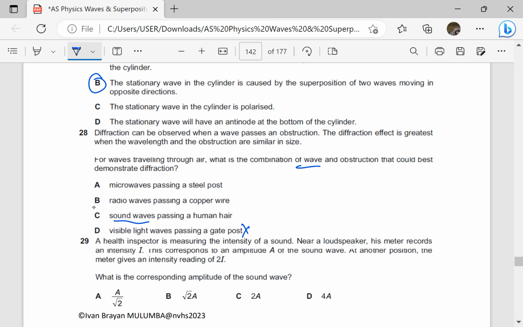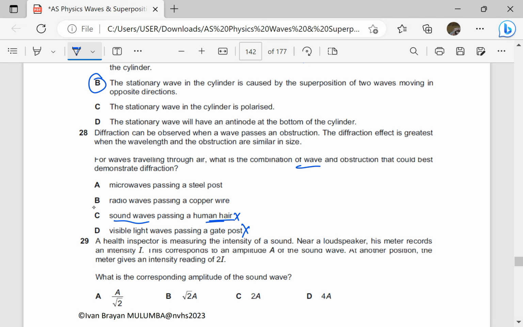Sound waves passing a human ear may not necessarily demonstrate diffraction, because the wavelength of sound is much bigger than the human ear, so this will be out.